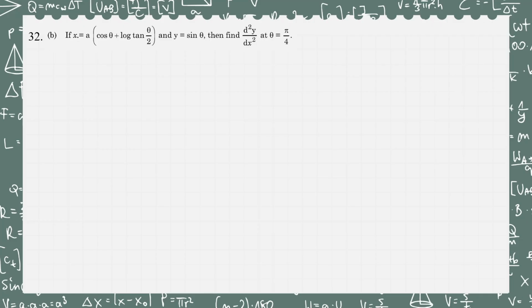32b. If x equals a times cos theta plus log tan theta by 2, and y equals sin theta, then find d square y by dx square at theta equal to pi by 4. So the idea here is x is dependent on theta.